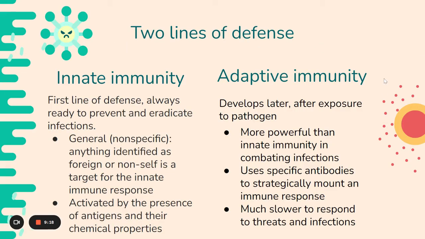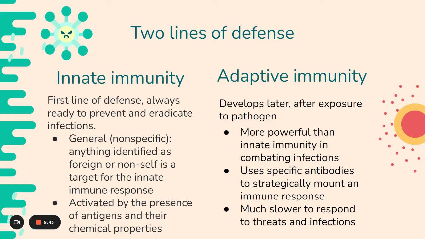Okay, so this slide is outlining the two arms of our immune system, and those two arms are the innate immune system and the adaptive immune system. The innate immune system is always going to be coming into play first. It's the first line of defense. It's always at the ready. The defining characteristic is that it's very general, not specific to any particular pathogen.